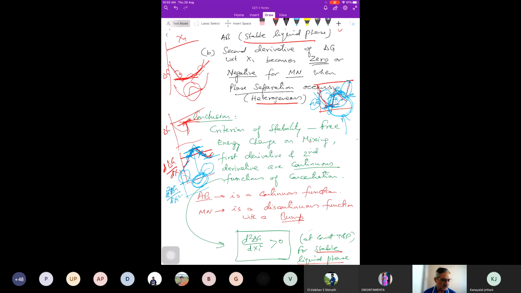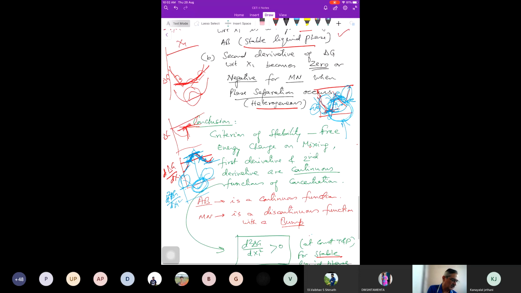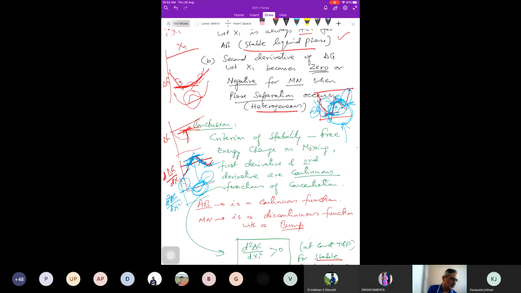So the criteria of stability is that the free energy change on mixing, its first derivative and second derivative, are continuous functions of concentration. This indicates it is a continuous function of concentration. In instability it is a discontinuous function, going up and down, which we saw.